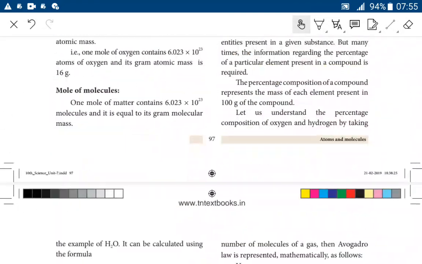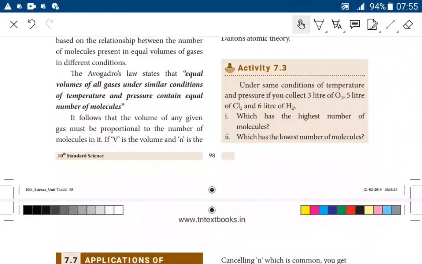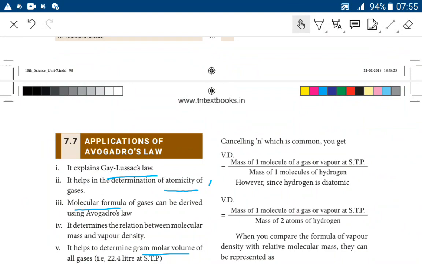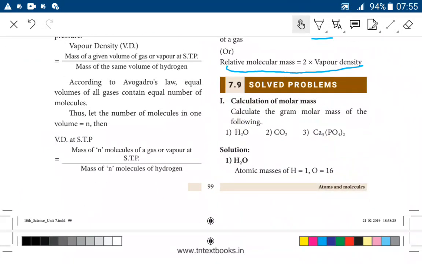Then you should know to write about the applications of Avogadro law, also the relation between vapor density and molecular mass. Also there are some based on molar mass, how to calculate molar mass, mole and volume, also mass.